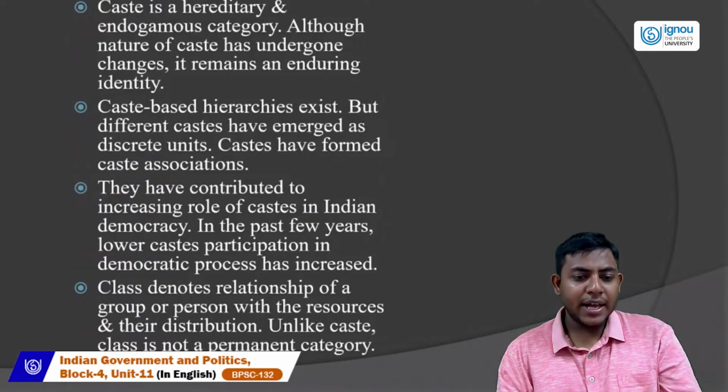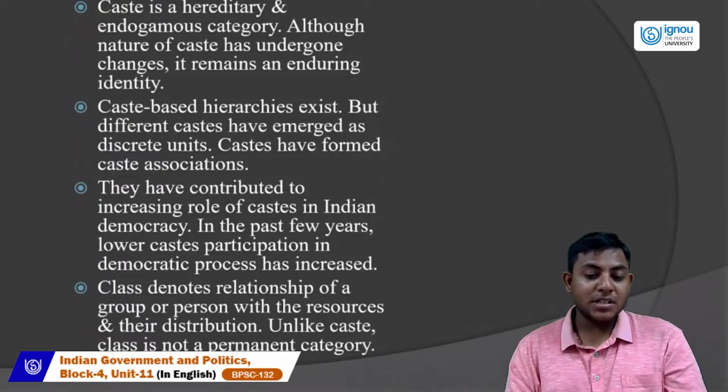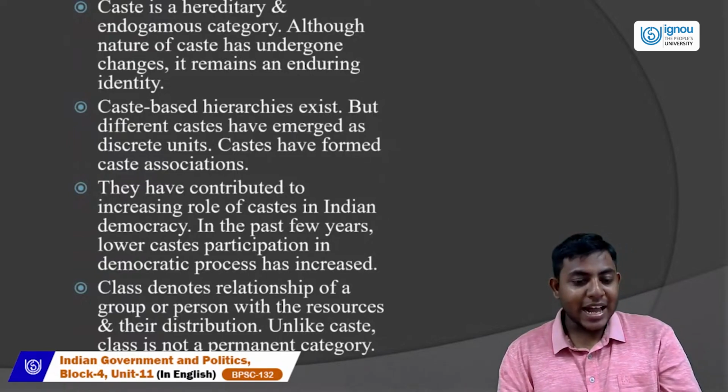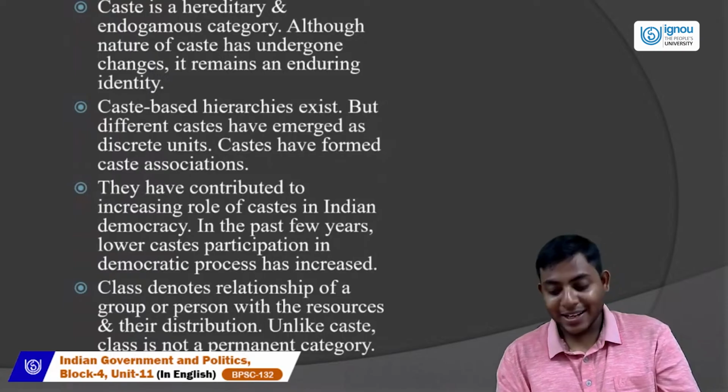So, in the past few years, lower castes' participation in the democratic process has increased, especially since the 1990s, the era of coalition politics. Class denotes the relationship of a group or person with the resources and their distribution. Unlike caste, class is not a permanent category.